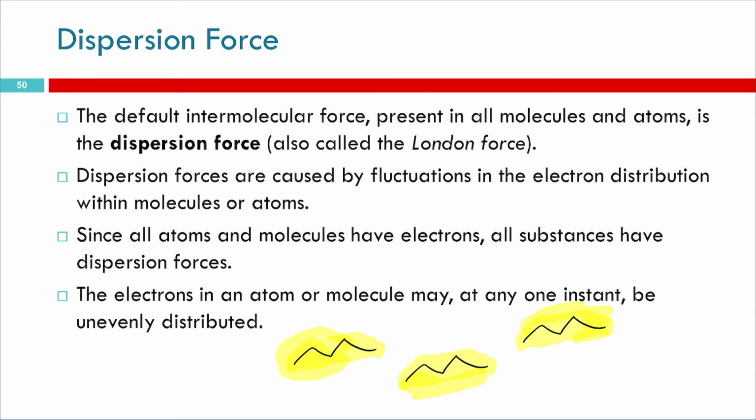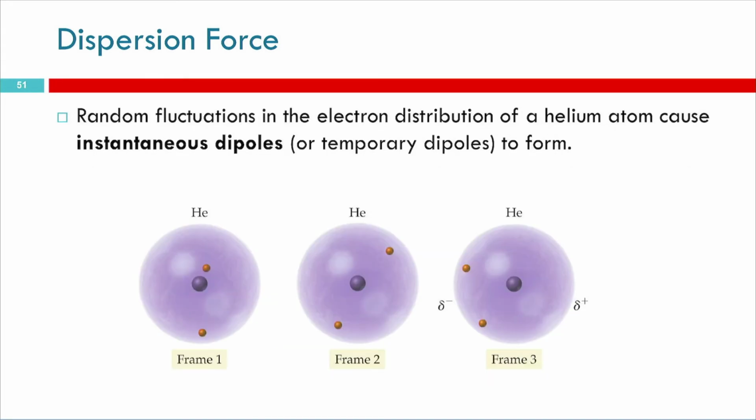And so they're constantly going to be in this sort of state of flux. And you get these very, very slight differences in polarity. So for example, here we'd have a slight positive on this side to that side. We'd have a slight positive going this way. Slight positive going this way. Very, very slight. But those are enough to cause the molecules to bunch up and, in some cases, stick together.